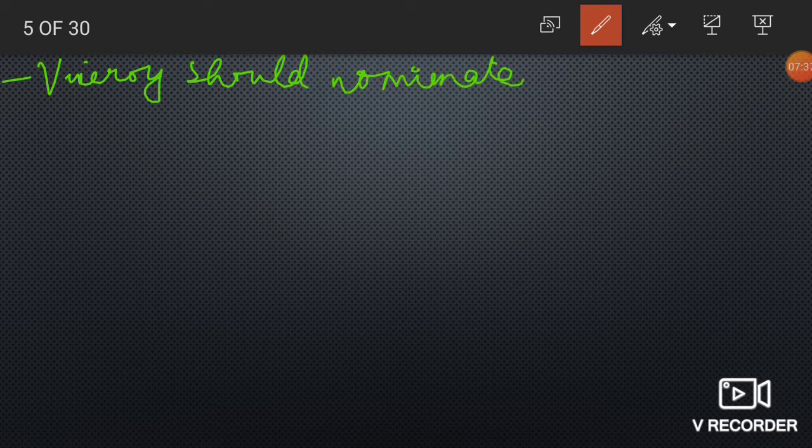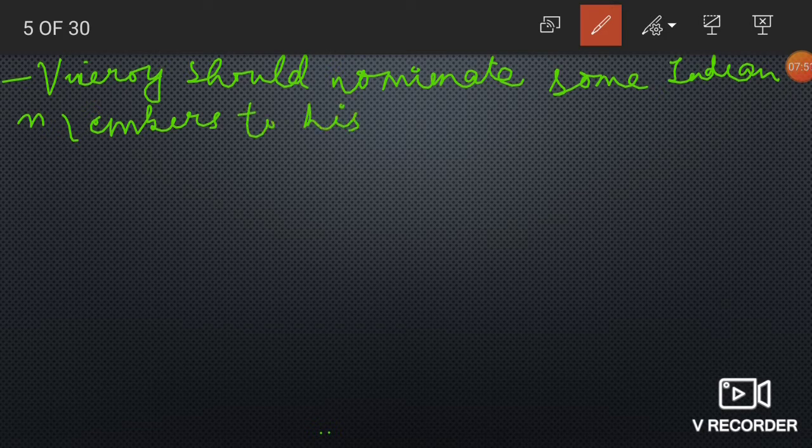The features are: it provided that the Viceroy should nominate some Indian members to his legislative council.